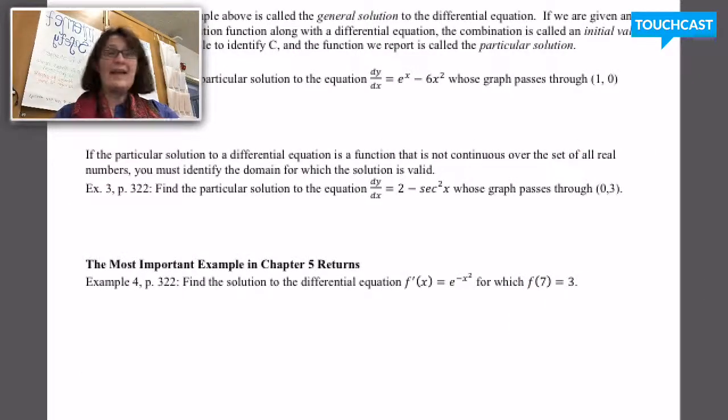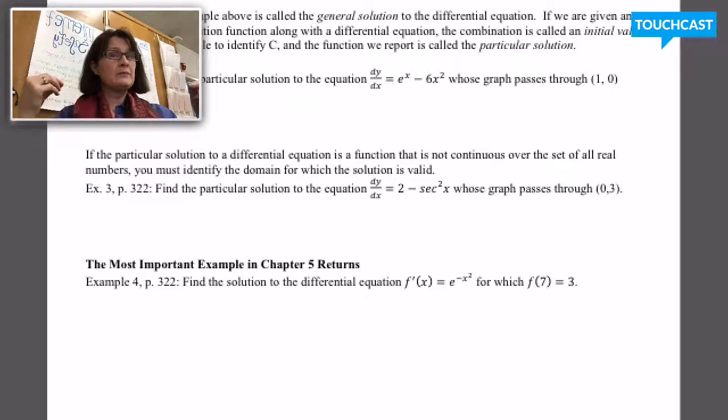So that answer that we had that had a plus c on the end is called the general solution to a differential equation. If I had been given some ordered pair, some point on the y function, then I would be able to figure out the value of c. I wouldn't have any variable like a plus c left in my answer.